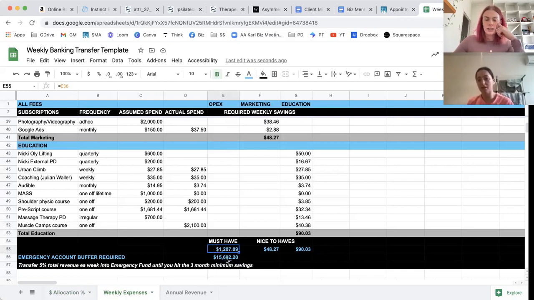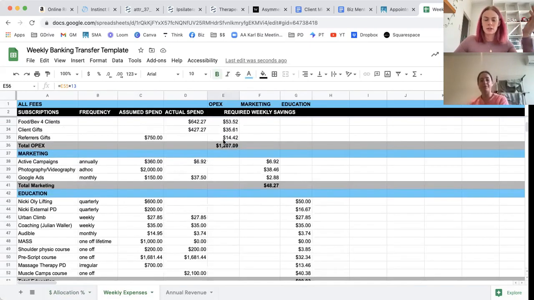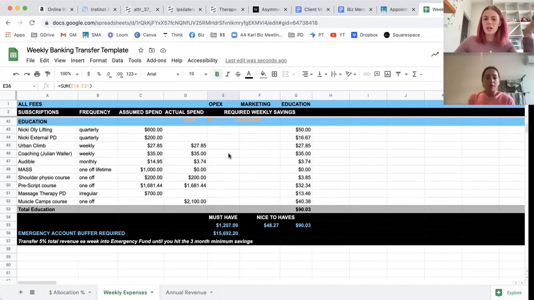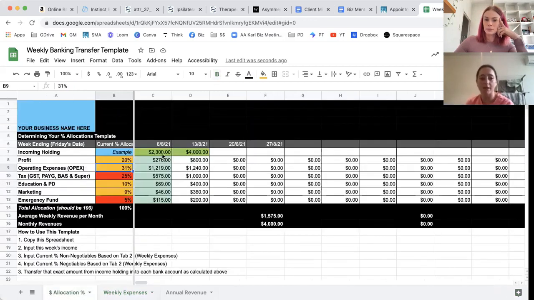So the idea is until you have 15,500 just sitting in your emergency account for a rainy day or for when COVID messes you over next time, then you always put 5% into that account. Cool. And this number will probably increase over time, and so will the emergency buffer number that you need.